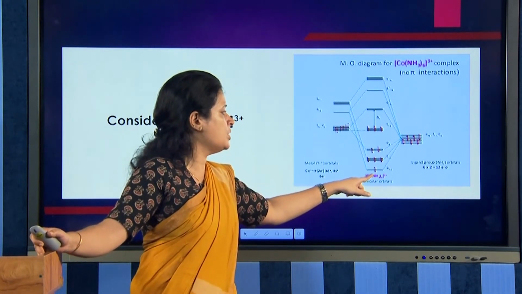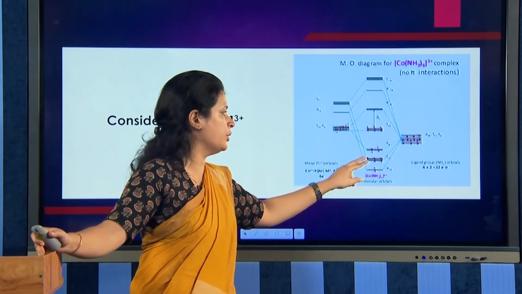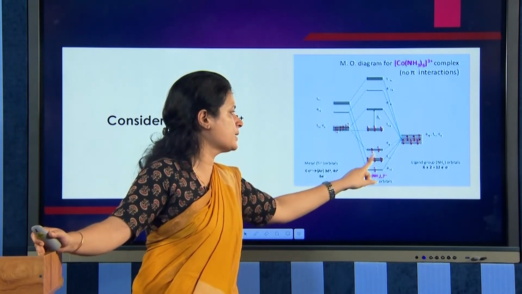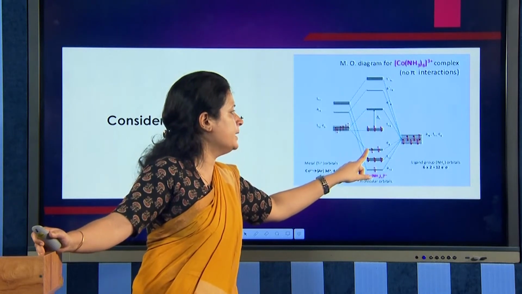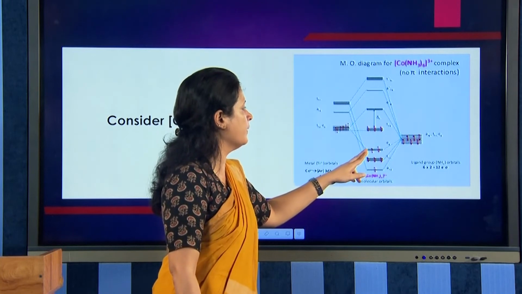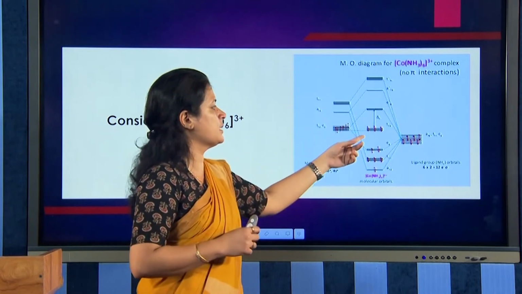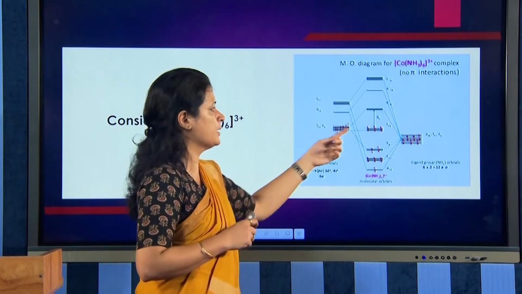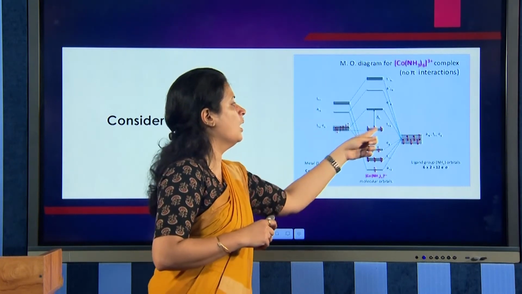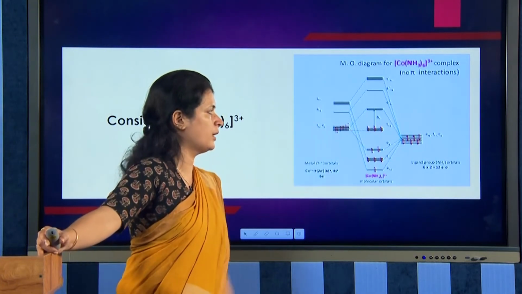Then there are 3 T1U orbitals, so 1, 2, 3, 4, 5, 6, 7, 8. There are 2 bonding EG orbitals, so 9, 10, 11, 12. That is 12, and the rest 6, making 18, should occupy the T2G orbitals, which remain non-bonding.